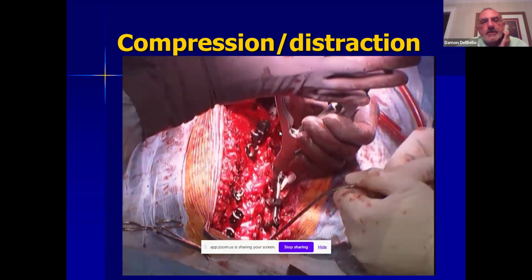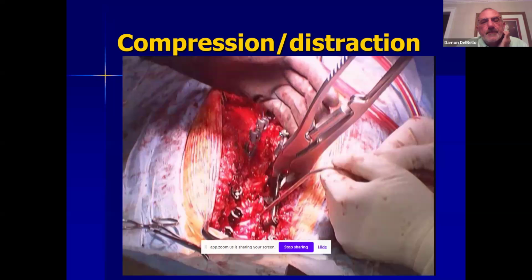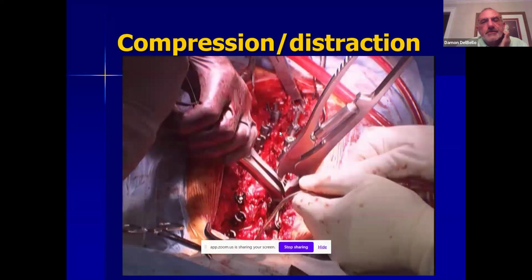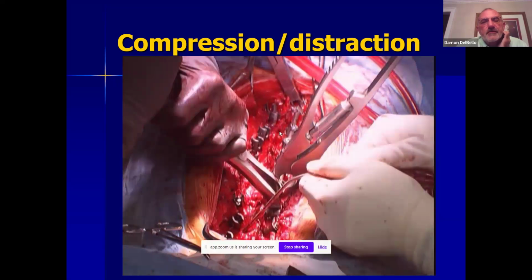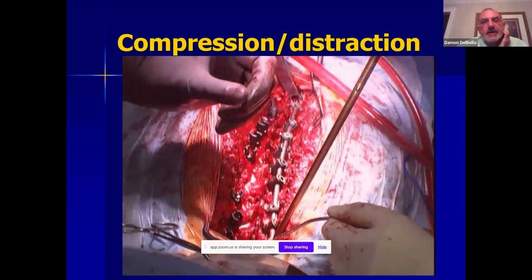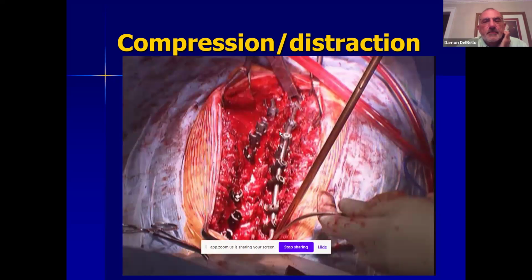All right, here I'm distracting that screw downwards against the rod already attached to the lumbar spine. You notice there's a little bit of curve in the apex. I'm going back to the lumbar spine here.